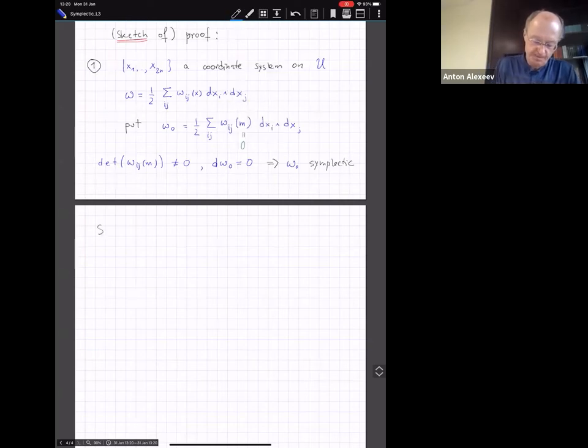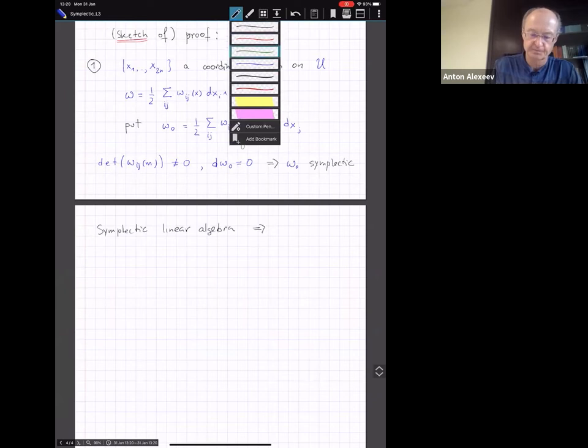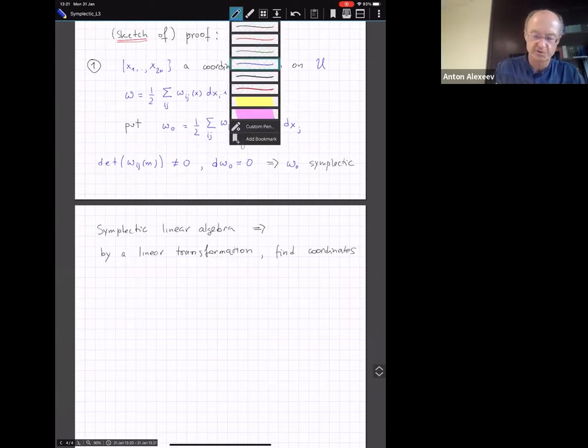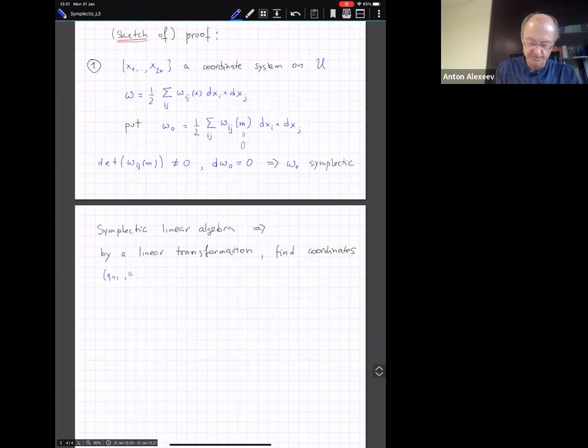So symplectic linear algebra implies that by linear transformation, we can find new coordinates q1, ..., qn, p1, ..., pn, linear functions of the x's, such that omega naught is equal to this sum.